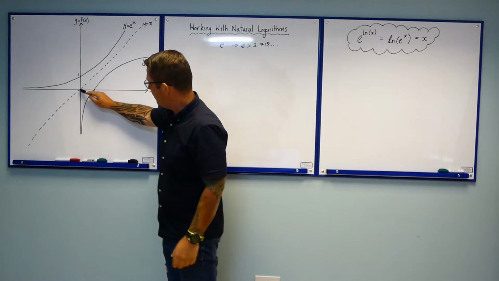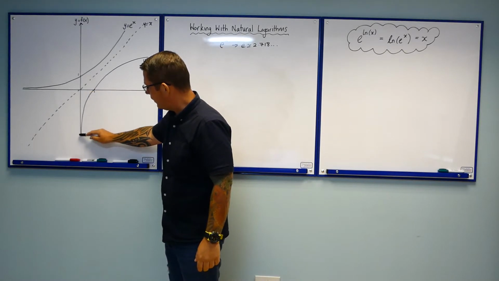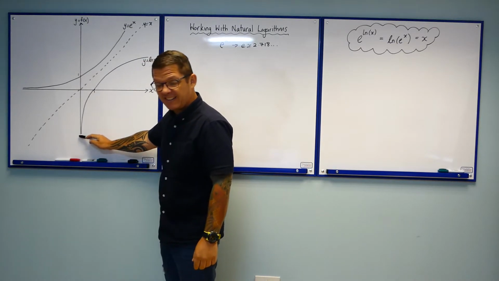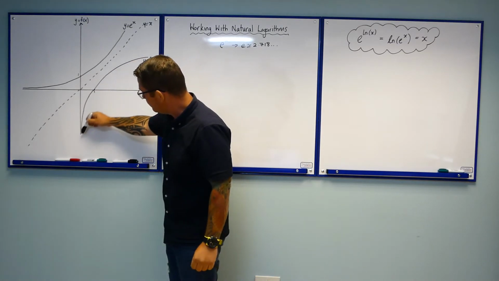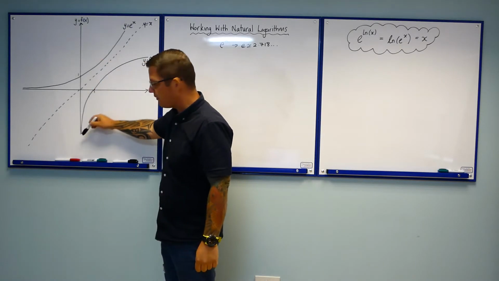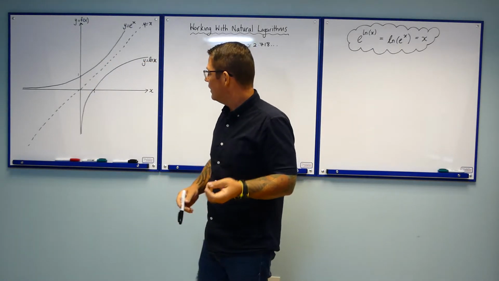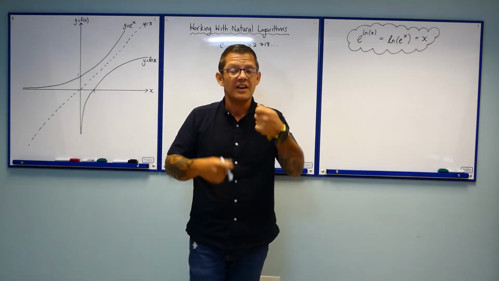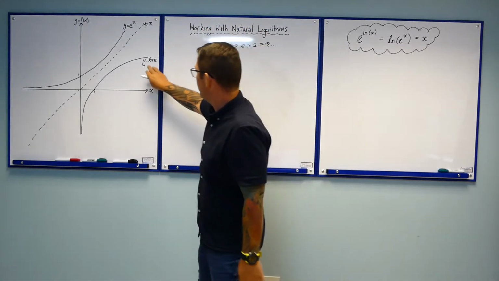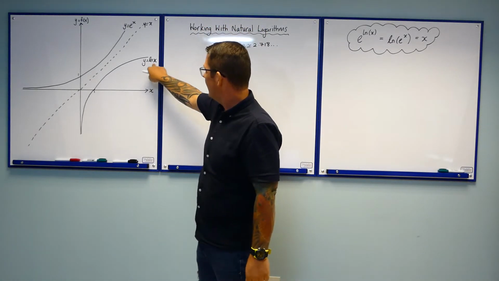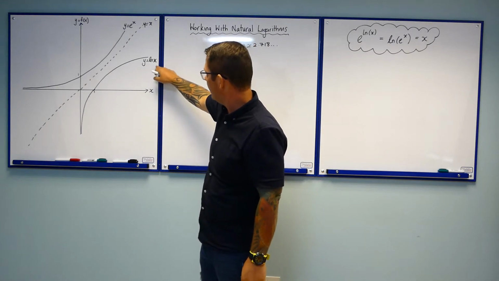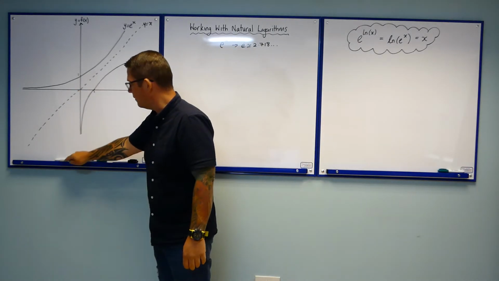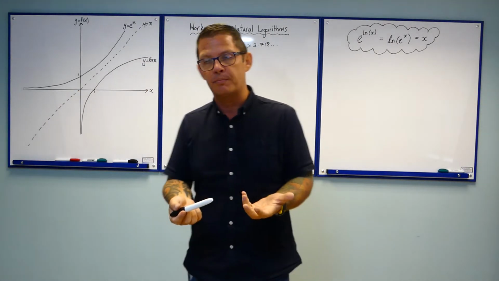Because ln x approaches the y-axis but never actually touches it, there's no point where the graph of ln x is equal to 0, so there's no solution. I could go down as far as I want, and because it only approaches but never touches it, there's never a solution. So it's what we call being undefined. There are no solutions of ln 0. Similarly, if I did ln minus 1 in a calculator, I'm never going to find a solution.